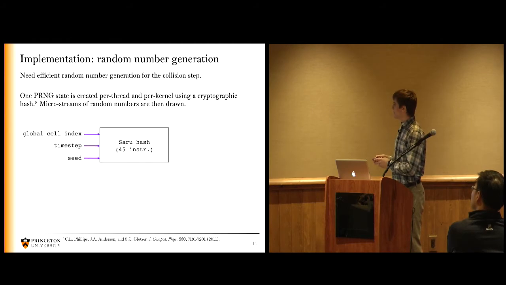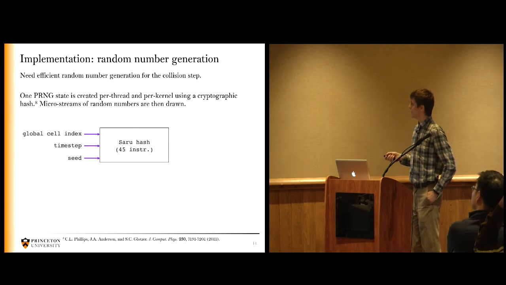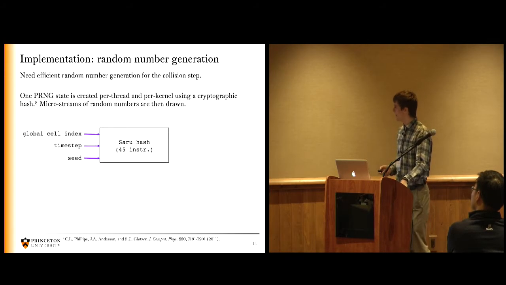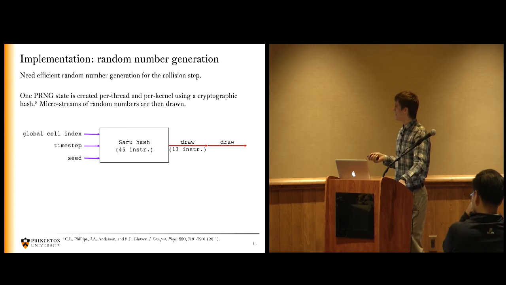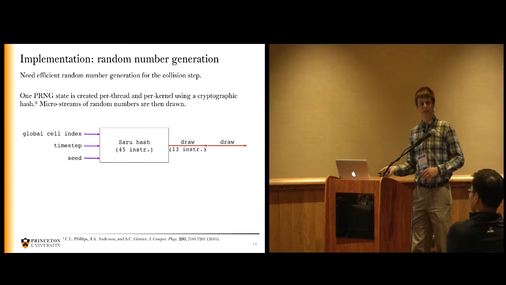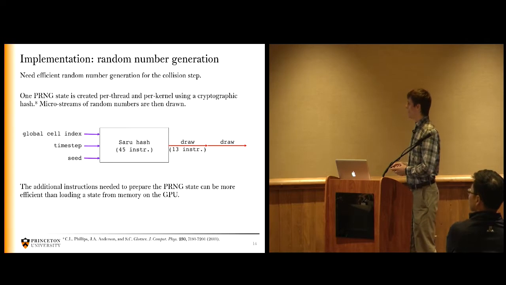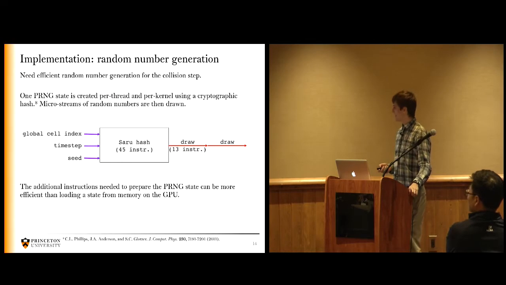We pass it through the SARU random number generator, which uses a cryptographic hash. It's been shown to pass a battery of tests for uniform random numbers. Then I can use this to draw a handful of random numbers that I need in a microstream. This is very effective because I'm getting a good instruction to load ratio from doing this.